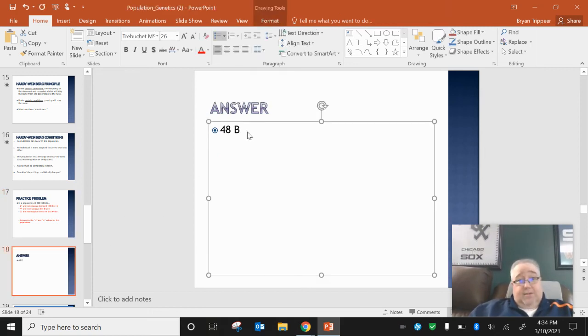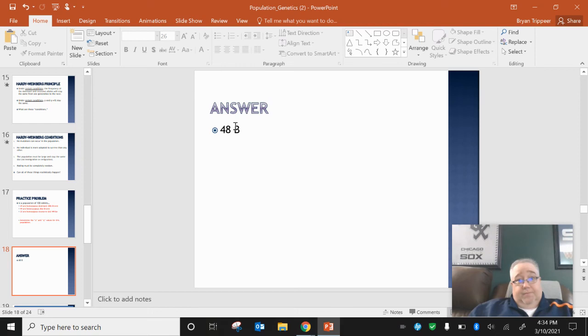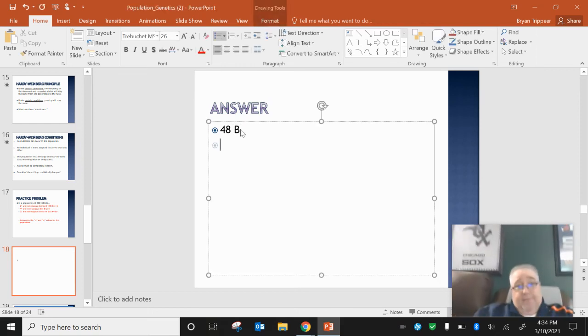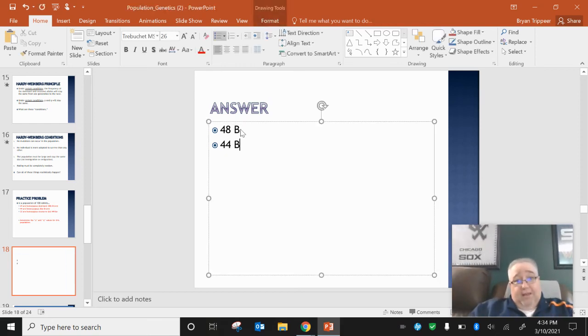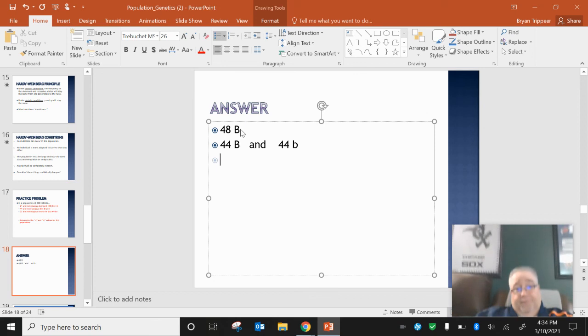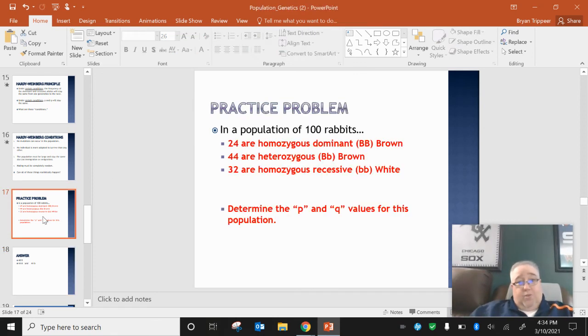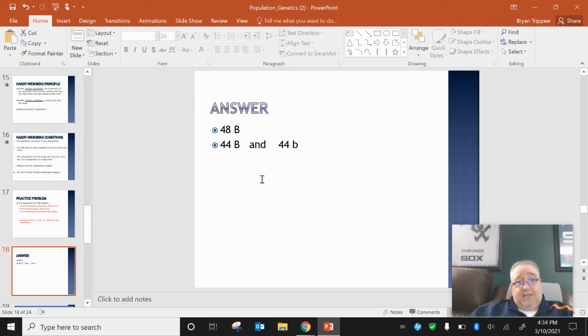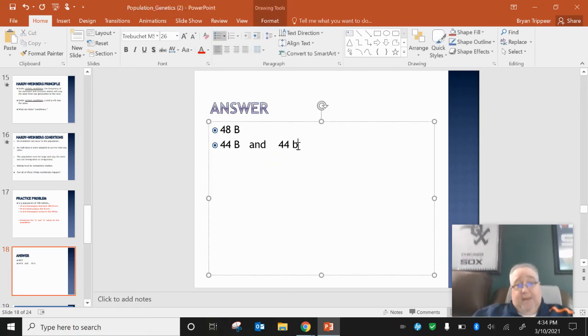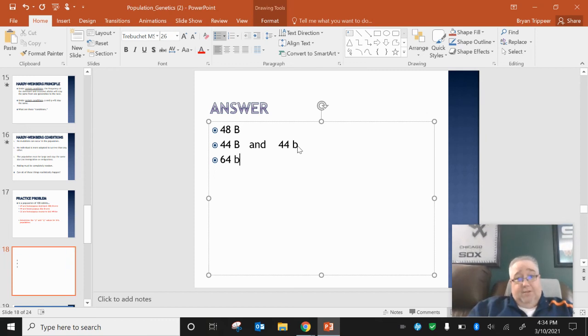So that means that 44 alleles are dominant and 44 alleles are recessive. Then, of course, we have 32 individuals that are homozygous recessive, right? That would mean that 64 alleles are recessive.